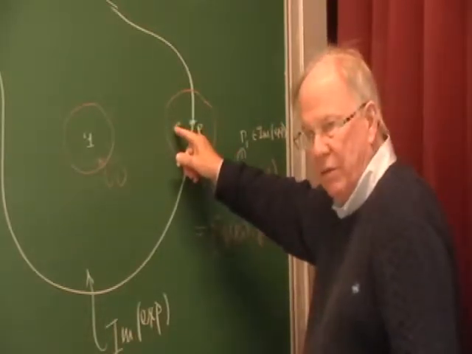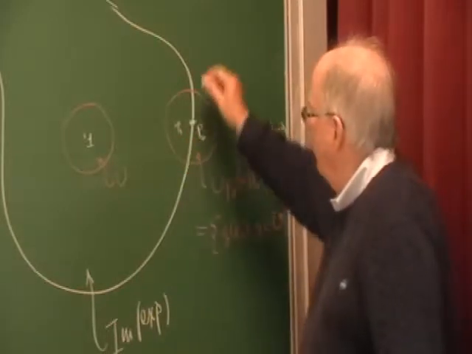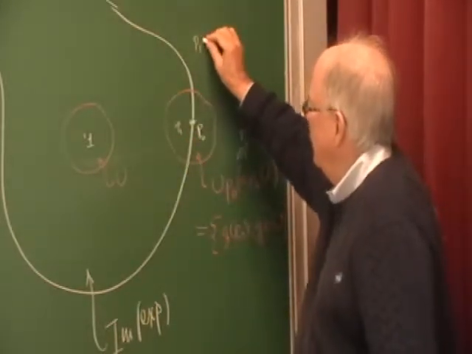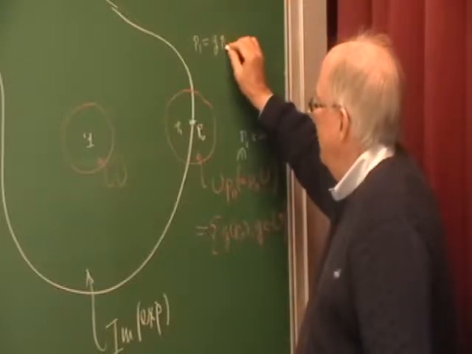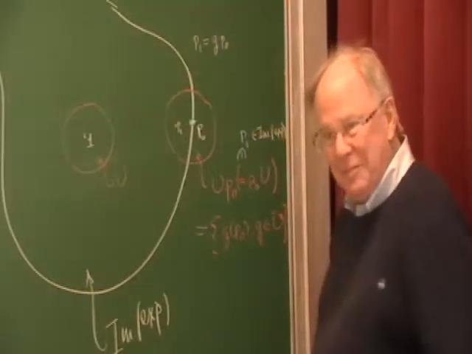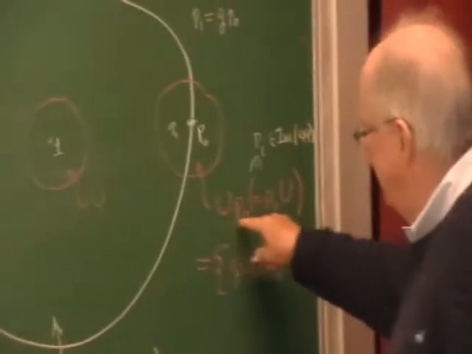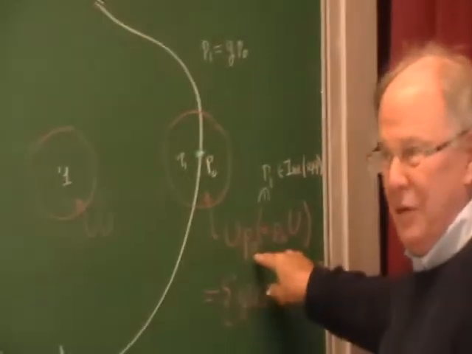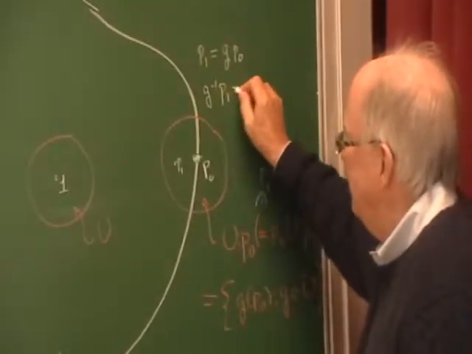So I take one of them, P1. So P1 equals G of P0, because it's in the set. Then P0 is G inverse of P1.